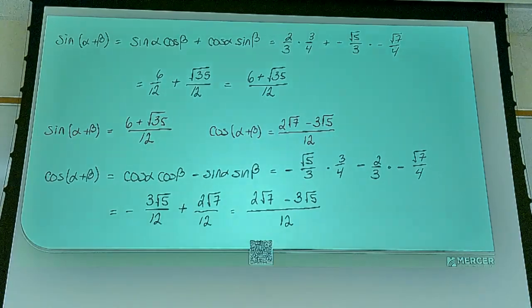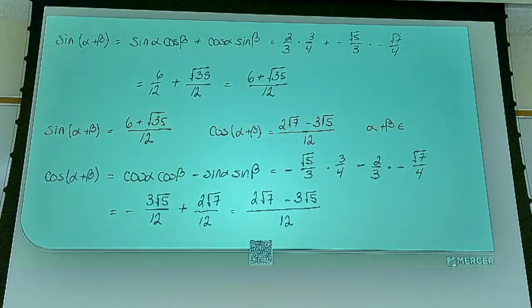Now, what quadrant is alpha plus beta going to be located in? Well, sine is easy to see. Sine's positive. What's cosine? This is where it's convenient to use the other form. That is root 28 minus root 45.